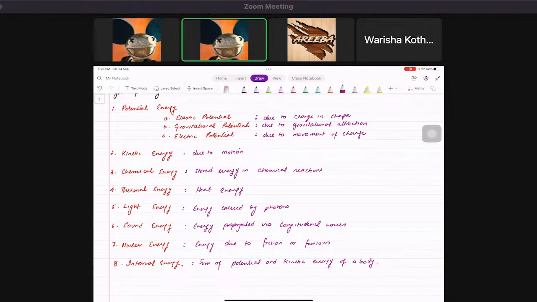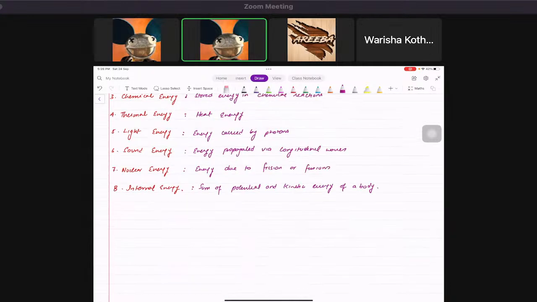So then, we can talk about the law of conservation of energy.